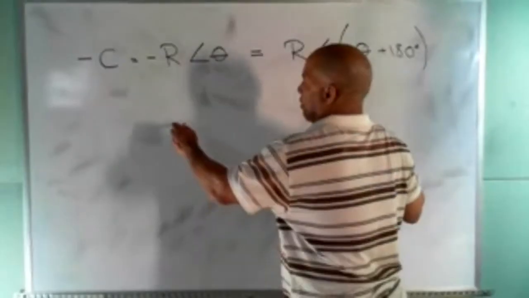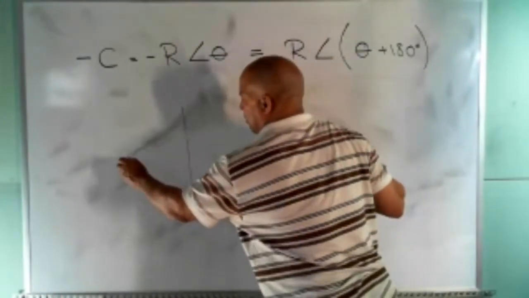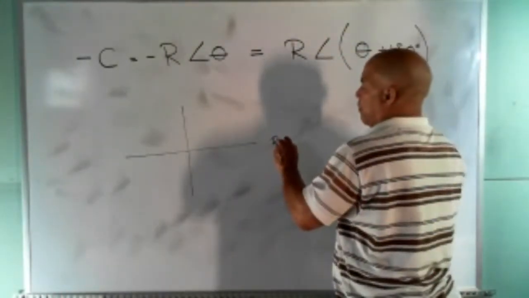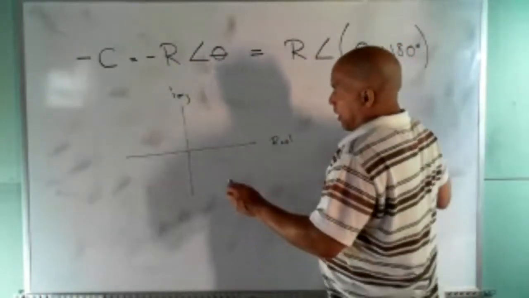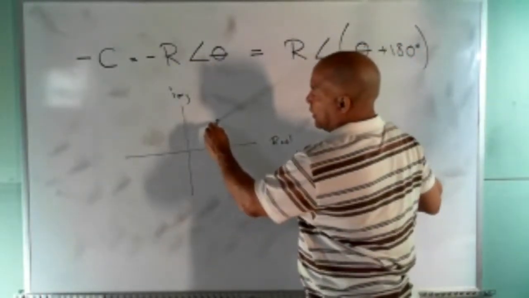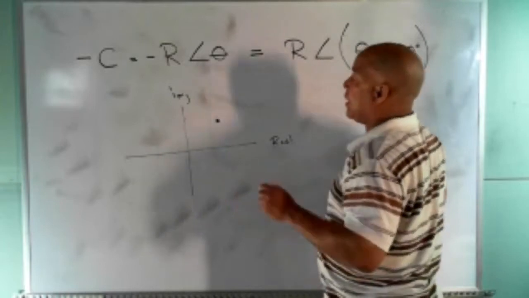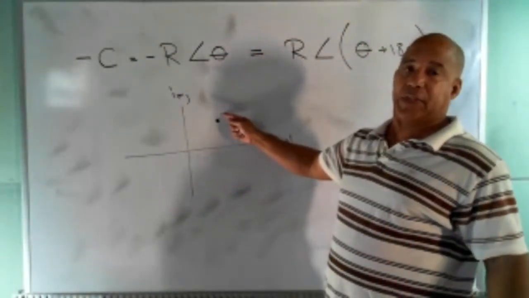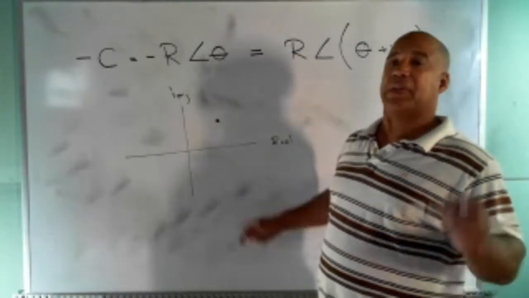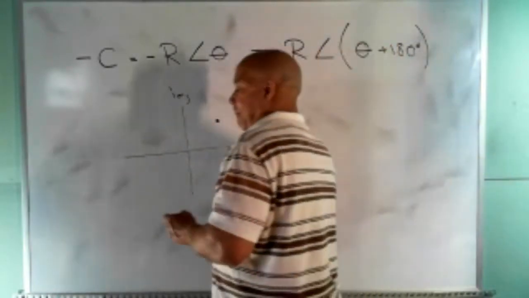To get the R, I gave you this complex plane. This is real. That's imaginary, right? Here's our complex number represented as a point. We know one way to get to it is to go over A units and up or down JB units. But the other way would be to find the arc.